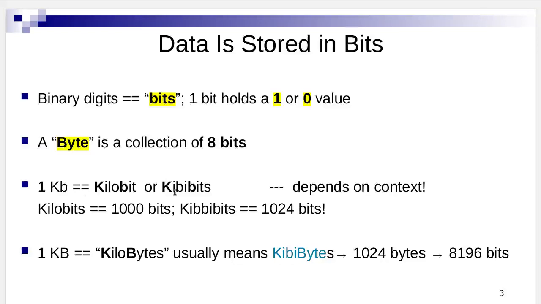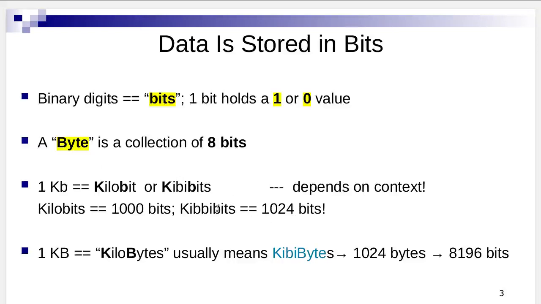So there are two separate terms to make sure there is no ambiguity. You're supposed to distinguish between 1000 and 1024. You might say that's not a big difference, but it adds up eventually. When you're talking about gigabytes of memory, 1 gigabyte might be different from what you think it might be.